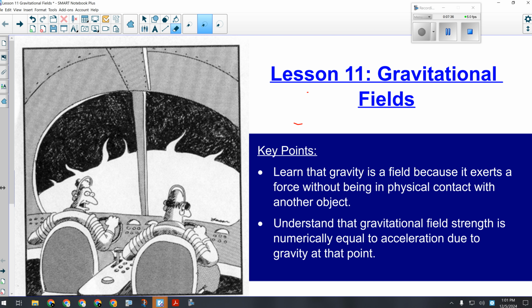Okay. So is the moon caught in the Earth's gravitational field? It's attracted to the Earth, right? Then it's caught in the Earth's gravitational field. Technically, everything is in the Earth's gravitational field. But the further away from Earth you get, what would happen to the strength of that field? It's going to decrease exponentially, right?